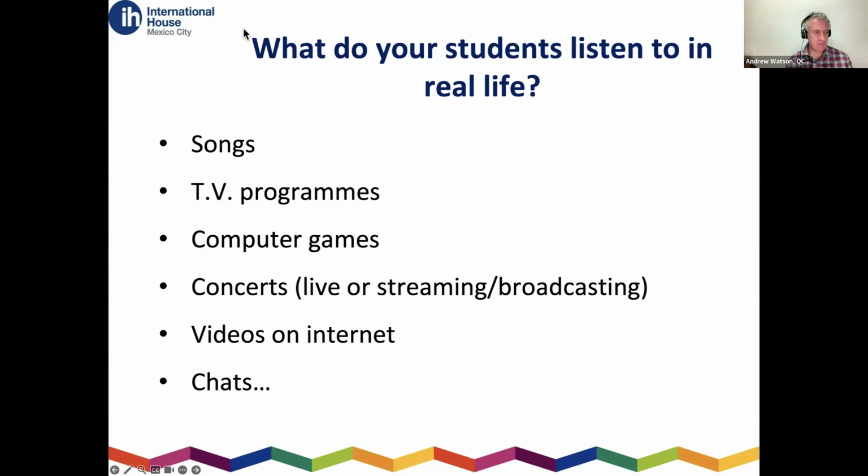I'm not sure about chats though, because aren't chats usually texts? It's more like voice notes, no? Voice messages, it could be, couldn't it? Yeah. Or a podcast. I'm not sure about that because I would have thought chats are normally texts, whereas I think the person who wrote this was maybe thinking conversations.